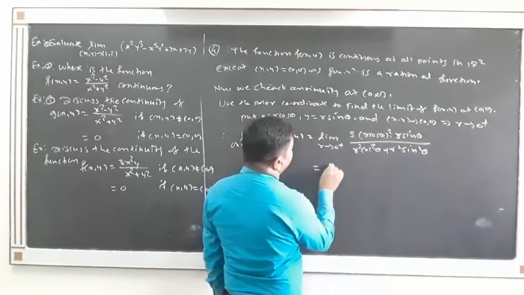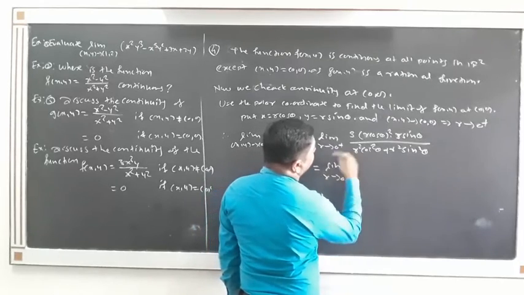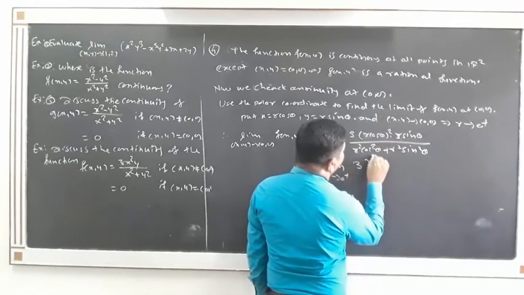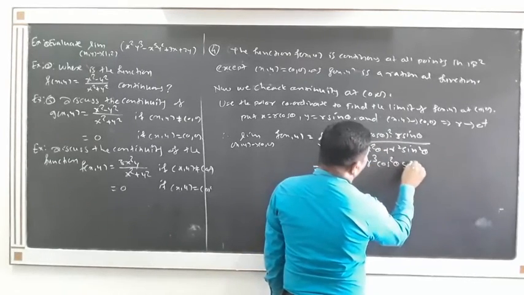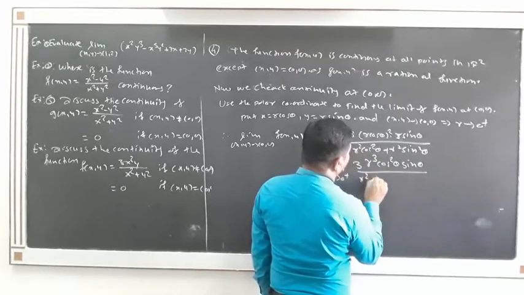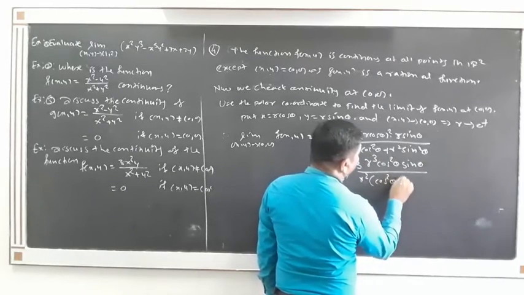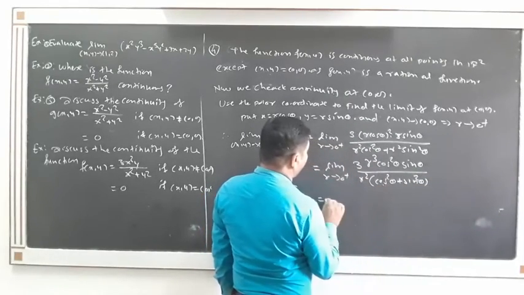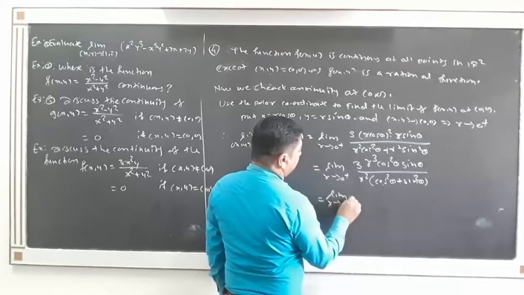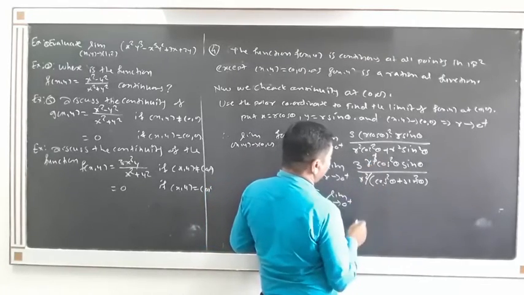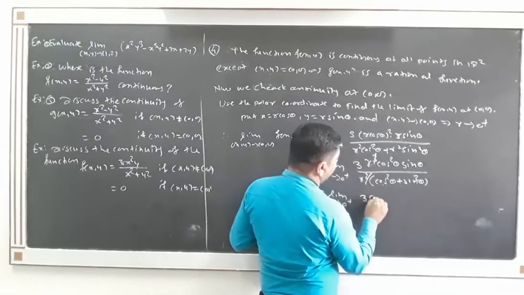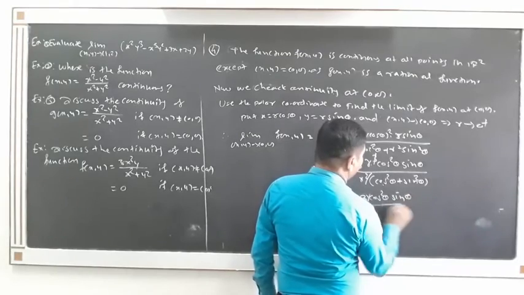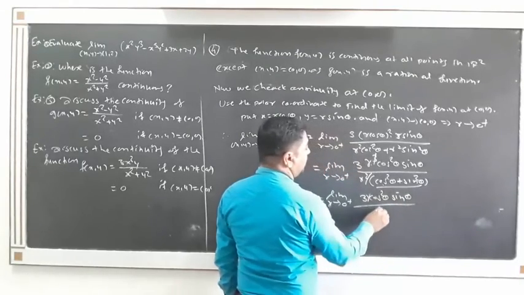Simplifying, we get 3 r cube cos square theta sin theta upon r square times cos square theta plus sin square theta, and using the identity, this cancels, leaving 3r cos square theta sin theta upon 1.